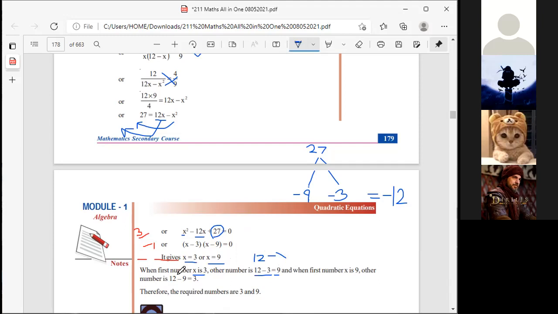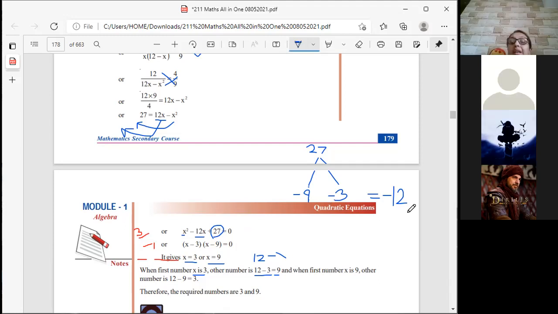So I can say that if x is 3, then the other number is 9, or if x is 9, then the other number is 3. So the two required numbers are 3 and 9. Have you understood, beta? Yes, ma'am.